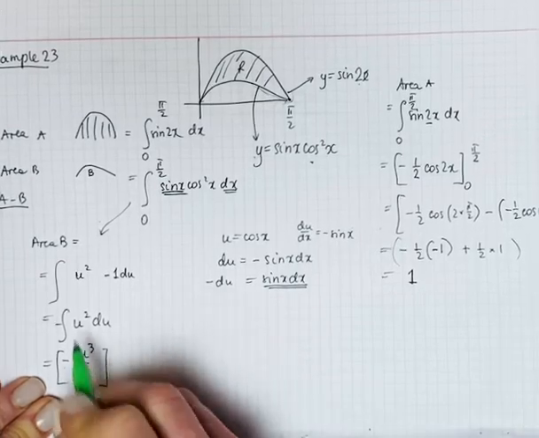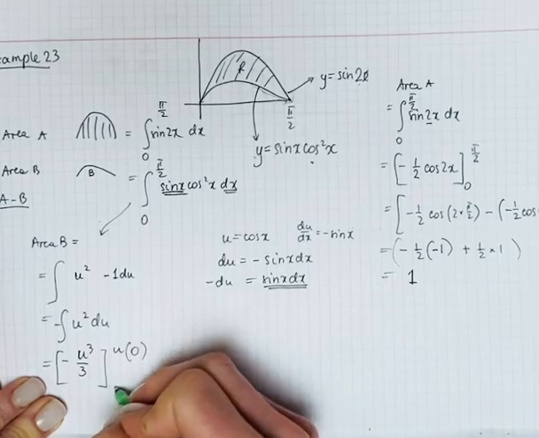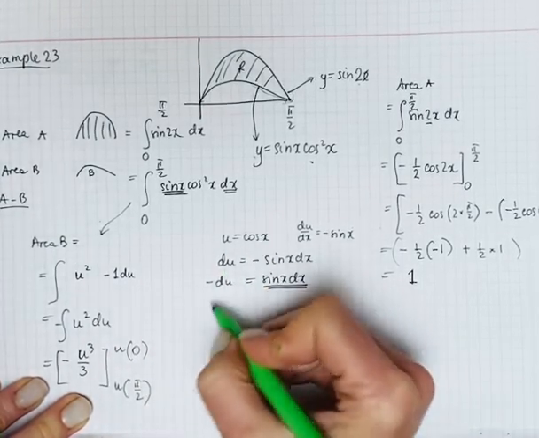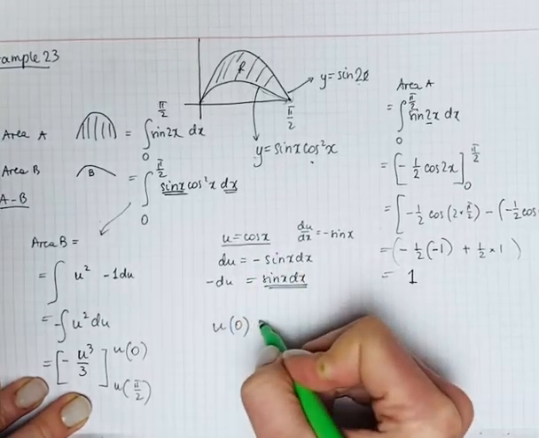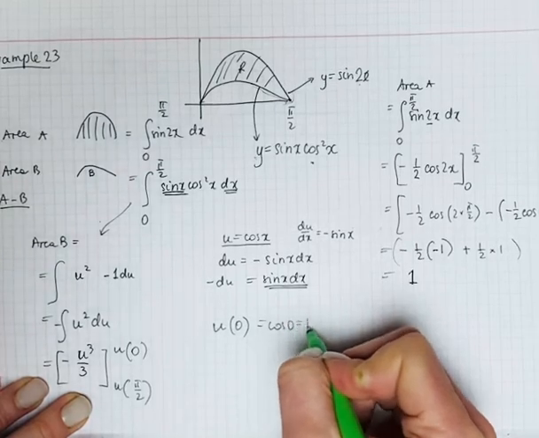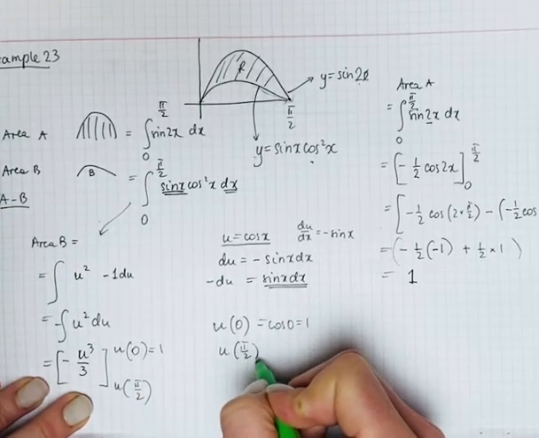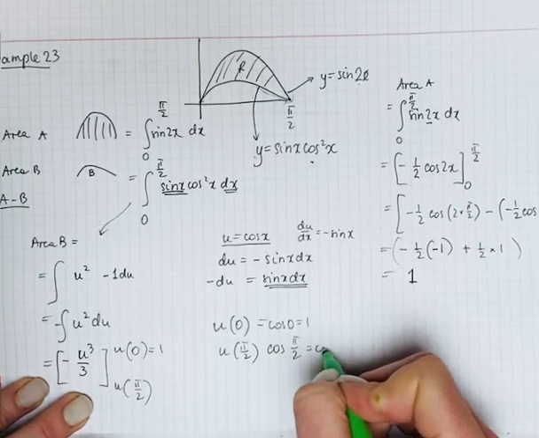However, the limits need to be sorted. I need to find what u is when x was 0 and what u is when x is pi over 2. So u of 0, you go over here, it's cos 0, which is 1. u of pi over 2 is cos pi over 2, and that's 0.